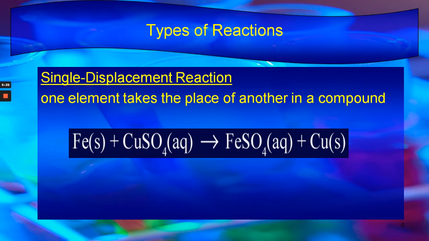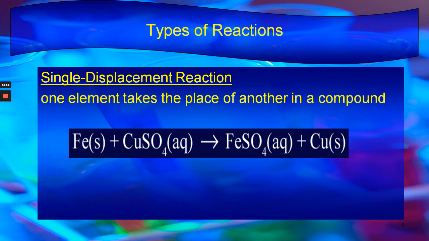So for example, by the way, in this unit or chapter, or this particular topic of study that we're going to look at, you're going to see these S's and L's and G's and AQ's in parentheses, and they are representing the state that they're in.